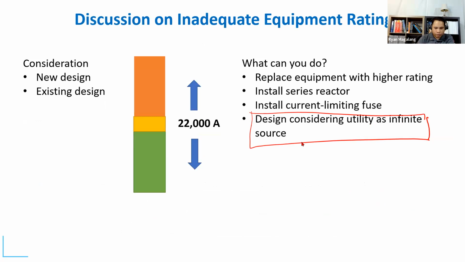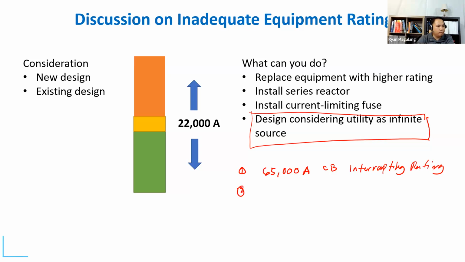So suppose we have a breaker rated 65,000 amps interrupting. This is the CB interrupting rating. That's data number 1.